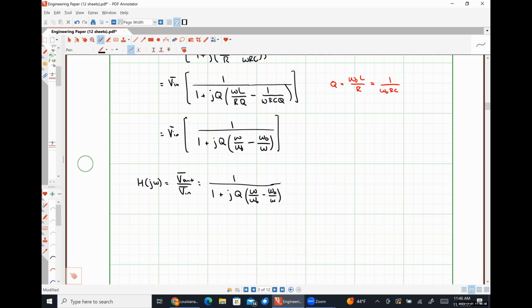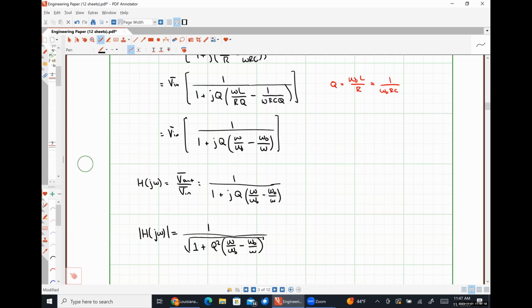If we wanted the magnitude of our frequency response, that would be the magnitude of H of j omega, right? This is just going to be 1 over the square root of 1 plus Q squared times the quantity omega over omega naught minus omega naught over omega, squared.